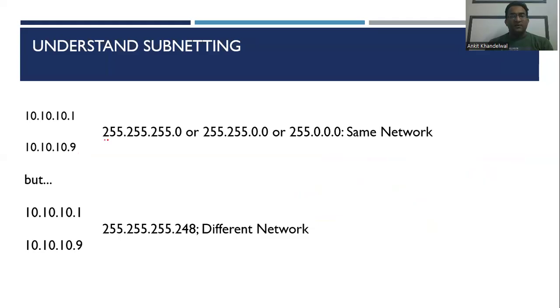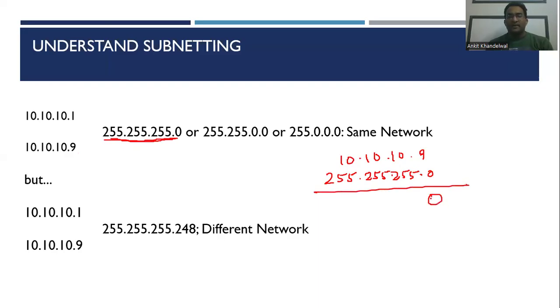Okay, so now let us see this. If I am using this default subnet mask, now let us take 10.10.10.9 here. I am doing an AND operation with the subnet mask 255.255.255.0. So when you do an AND operation, you will get 0 over here because 0 and 9 will give us 0. 255 when ANDed with decimal number 10, you are going to have a 10.